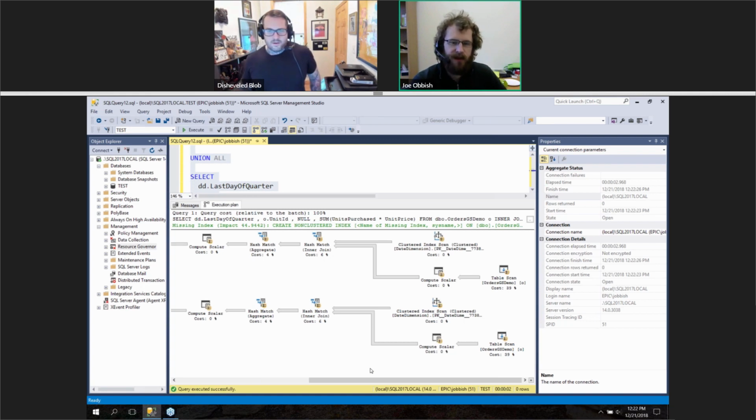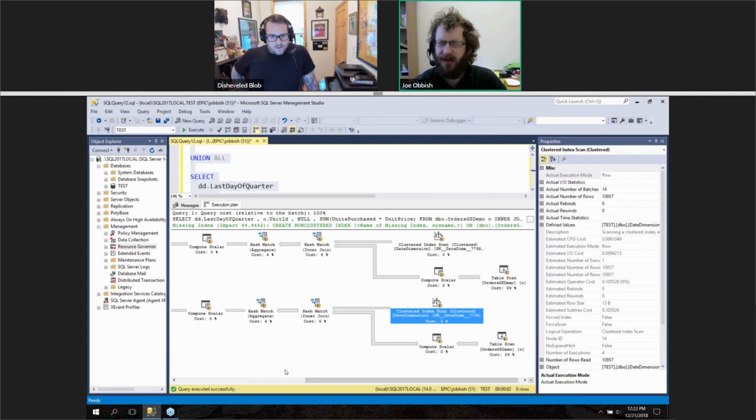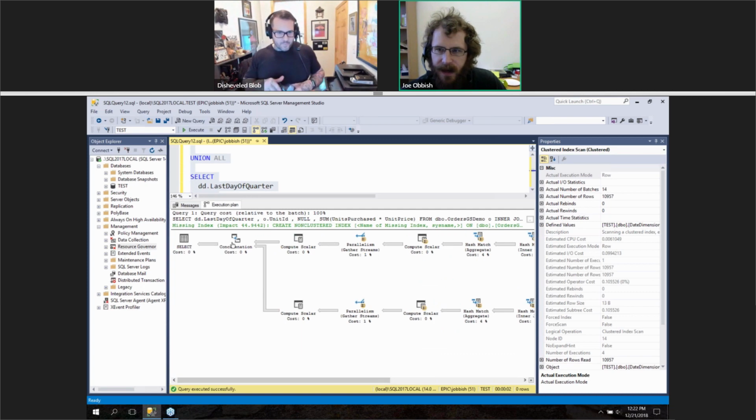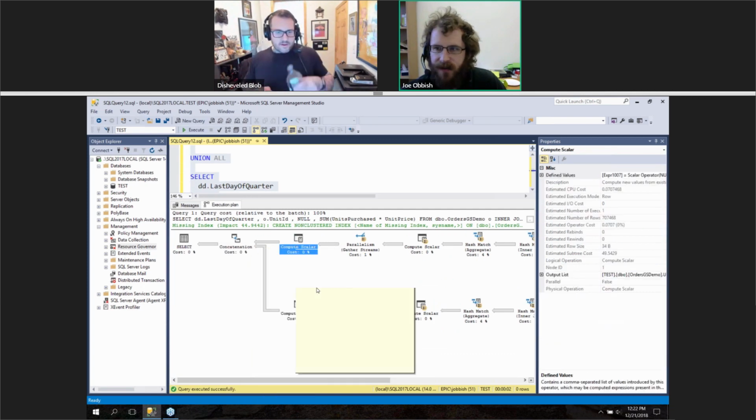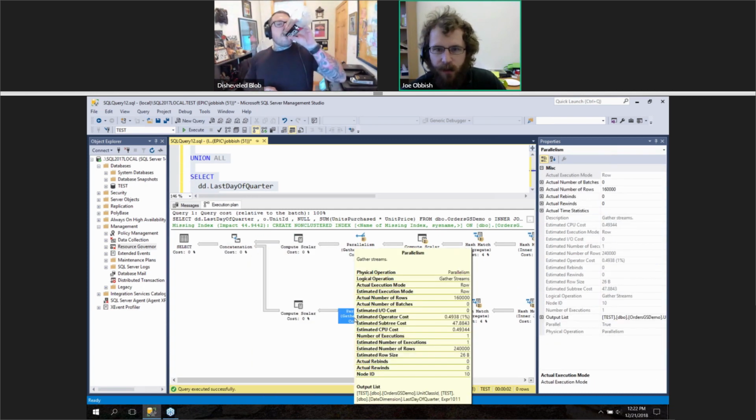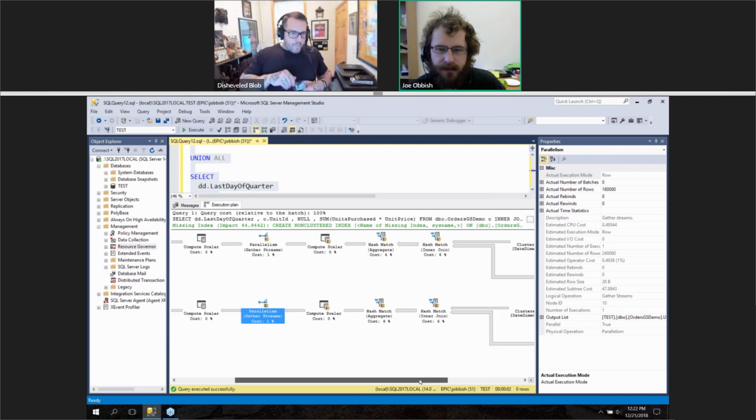Pretty much everything runs in batch mode. I think every operator does, except for the scans, because these are row store tables on 2017. On 2019, these could run in batch mode too. And everything else, well, this isn't row mode, but we're not spending any time here.